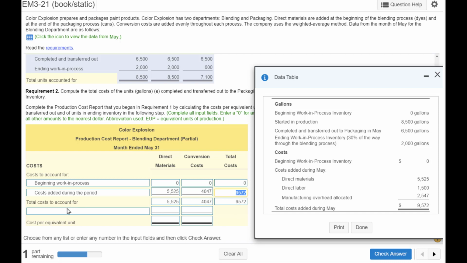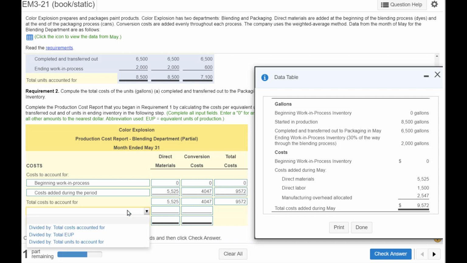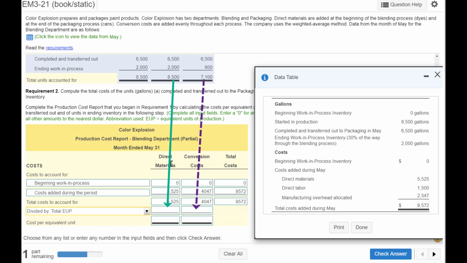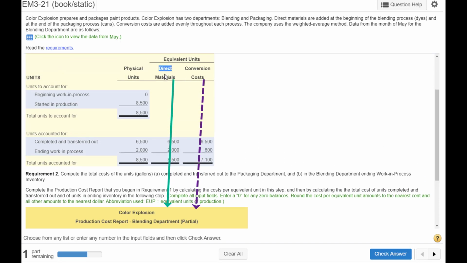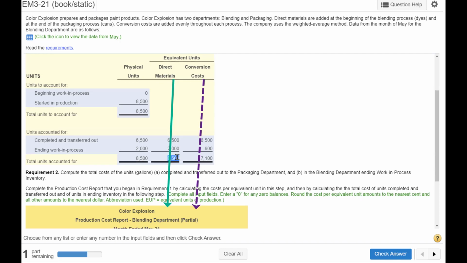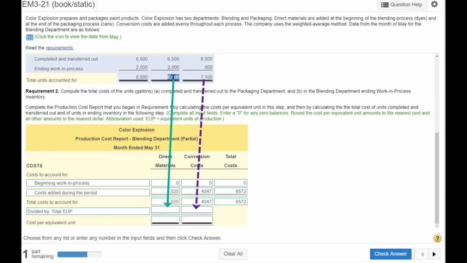Next, we need to divide by the total equivalent units of production. Now make sure you get your columns correct. Notice we're on direct materials. So we have to go up here and find the equivalent units of production for direct materials. Here's the direct materials column. So the equivalent units of production is 8,500. I'm going to copy and paste the 8,500.